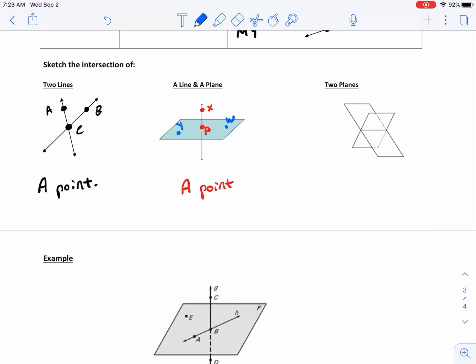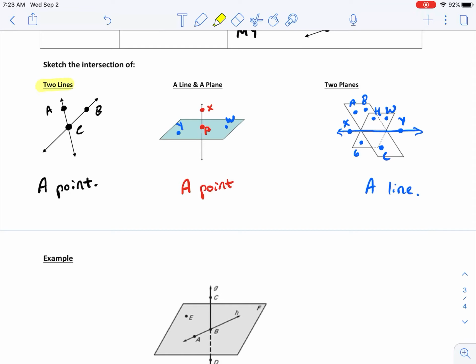And then the final one, we have 2 planes, and these planes, I'll try to highlight it here, they will intersect at a line. And to make this picture correct, we're going to have a lot of points here, and we need 3 on this one. 1, 2, 3, A, B, C. And for this one right here, we'll do G, H, and W again.